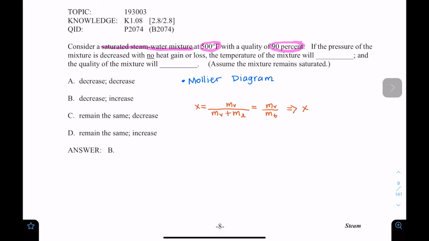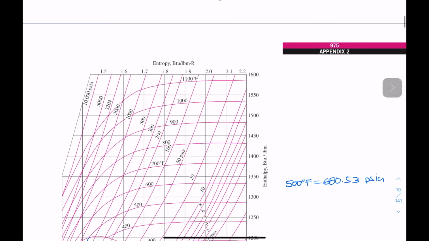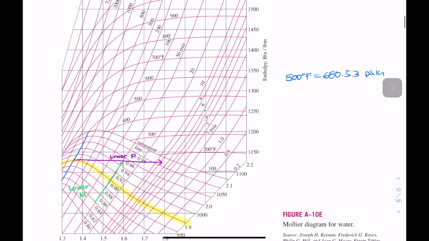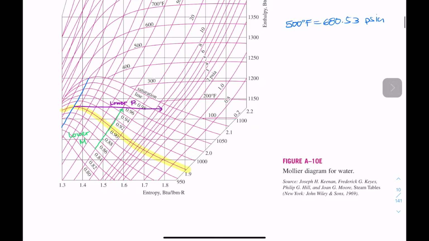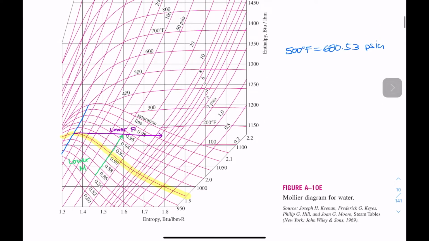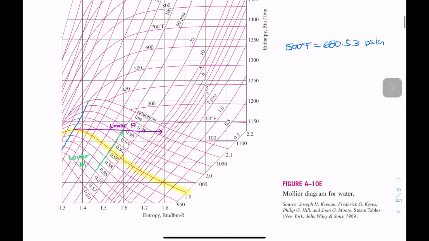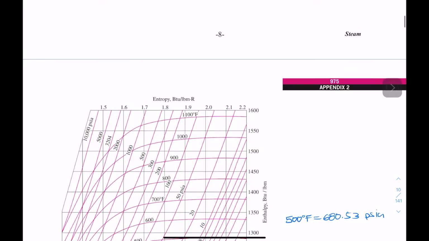If the pressure of the mixture is decreased, with no heat gain or loss, the temperature of the mixture will, and the quality of the mixture will. So what's going to happen? This is kind of giving us an option type of thing, so we need to go over and see what's going to happen.